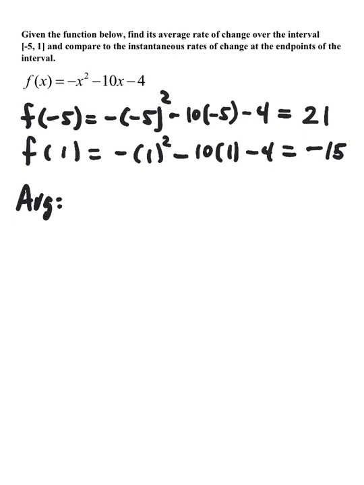For this problem, it's -15 minus 21 over the difference in your x values, or the interval length. 1 minus -5 gives us 6. If you look at the interval in the original problem, to get from -5 to 1, there's a distance of 6 that has to be traveled.